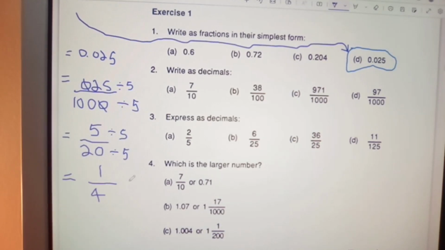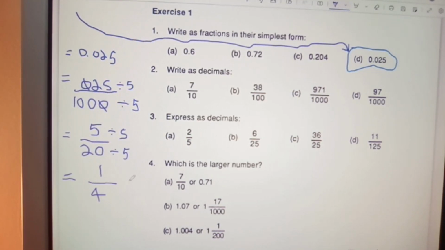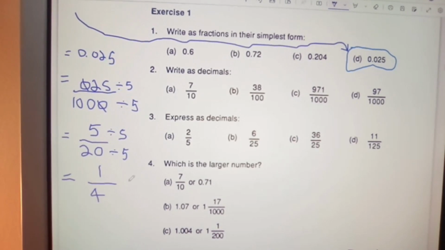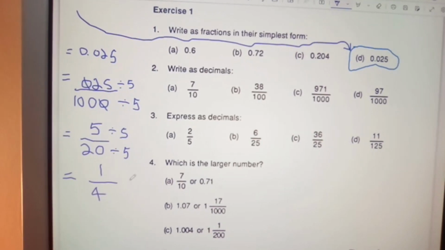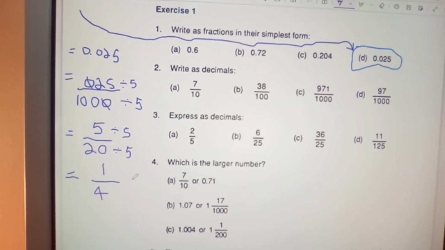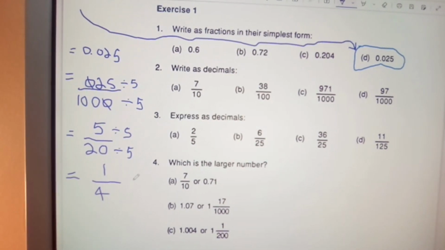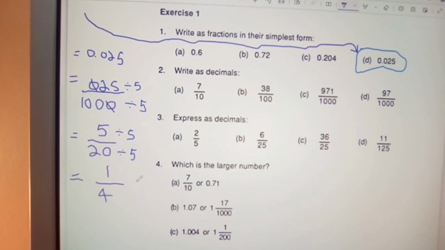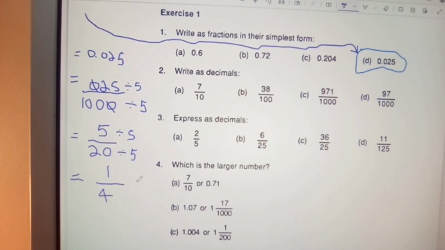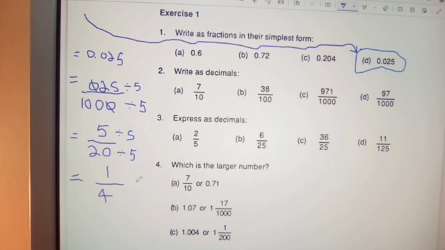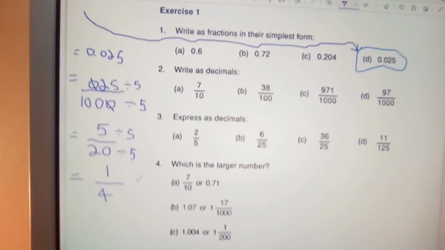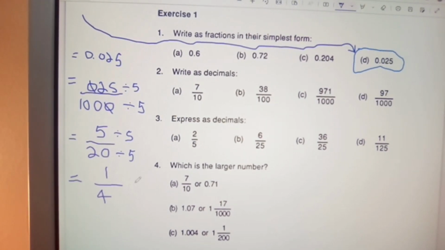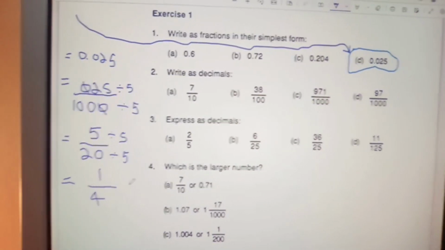Because in its actual format, it would actually be... okay.